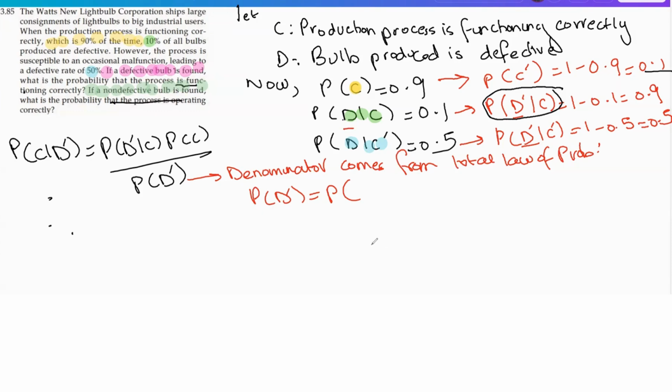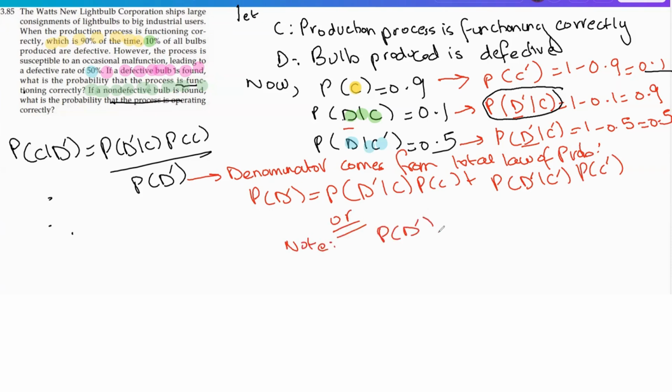First, let's do it from the total law of probability: the probability of D prime given C into the probability of C, plus the probability of D prime given C prime into the probability of C prime. Or note, the probability it's not defective is 1 minus the probability it's defective.